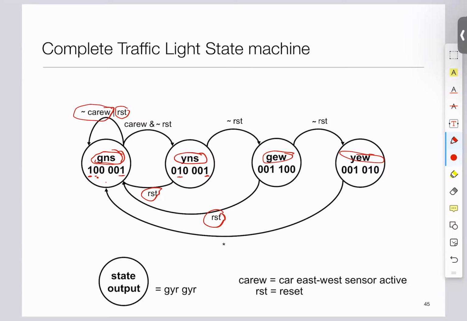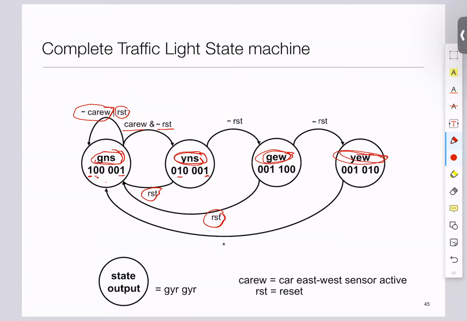Our alternative is that reset is false and there is a car on east-west. If that's the case, then I have to cycle through the east-west loop. So I'm going to go to yellow north-south because I've turned the light yellow. Then I'm going to move to green east-west and then yellow east-west and then cycle back, as long as reset doesn't happen.